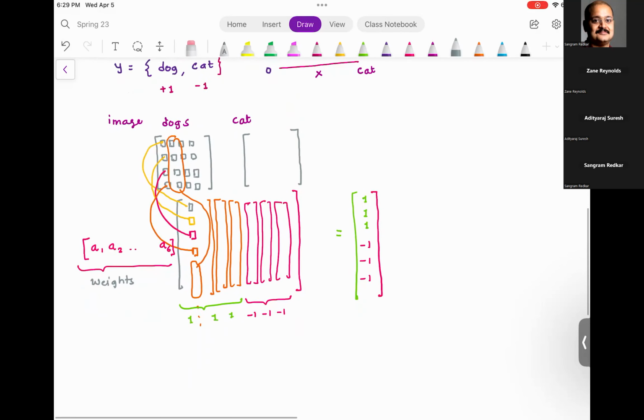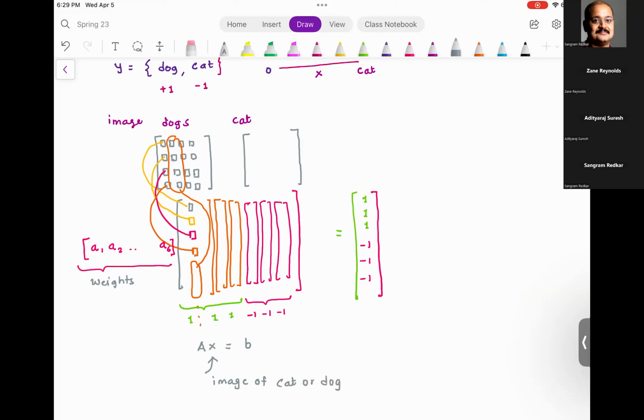And then remember, this equation is as simple as AX is equal to B. If you look at this, X is the image of cat or dog.